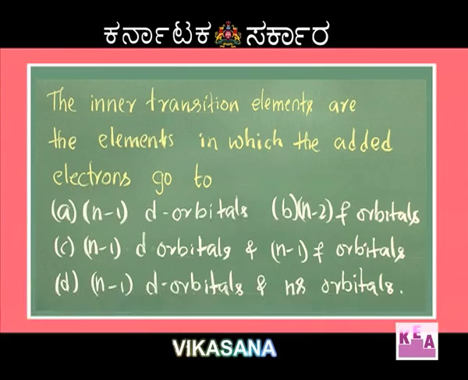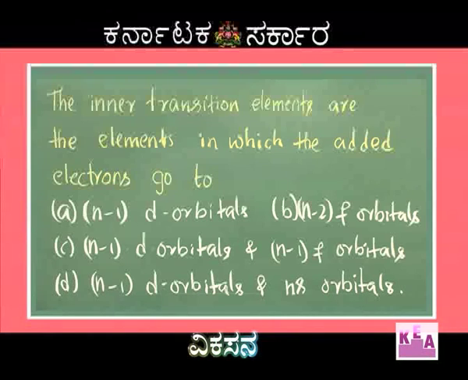Related to this, we have a question like this. The inner transition elements are the elements in which the added electrons go to: A, n-1 d orbitals, B, n-2 f orbitals, C, n-1 d orbitals and n-1 f orbitals, D, n-1 d orbitals and ns orbitals.